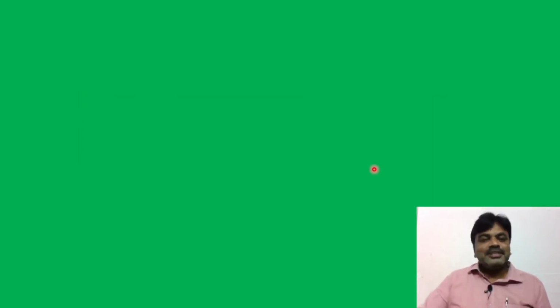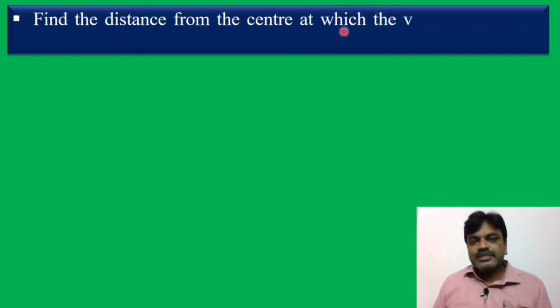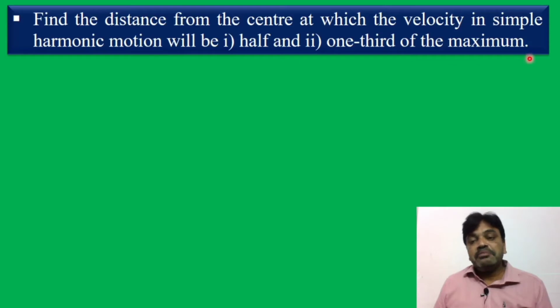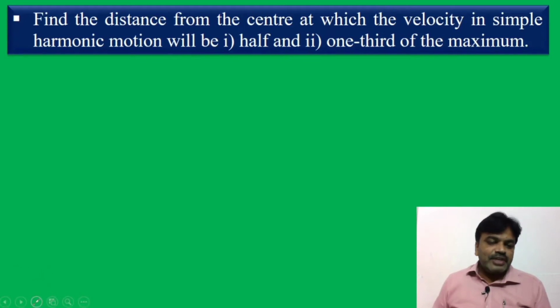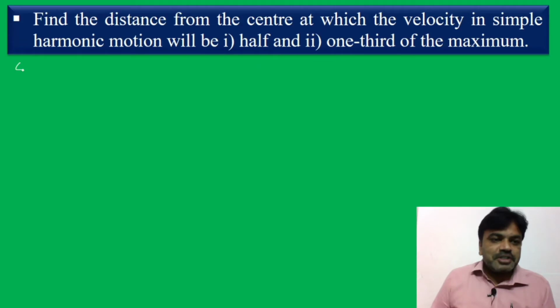Let us see the problem. Find the distance from the center at which the velocity will be half and 1/3 of the maximum. This problem is very important, friends, from the external exam point of view. Let us see the solution.